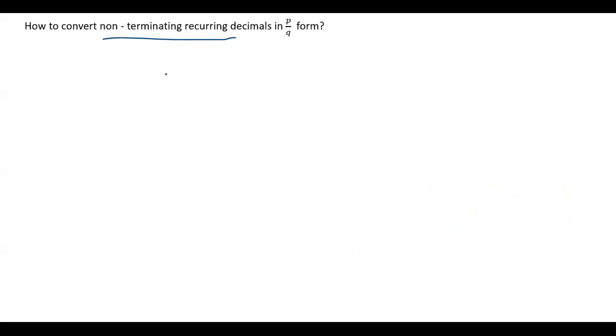Let's take an example. 0.444 and so on. We can also write this number as 0, and on 4 we can put this sign which is called a bar. This bar means that the number is repeating an infinite number of times. Since 4 is repeating an infinite number of times, we will put a bar on 4. So how can we convert it into P by Q form?